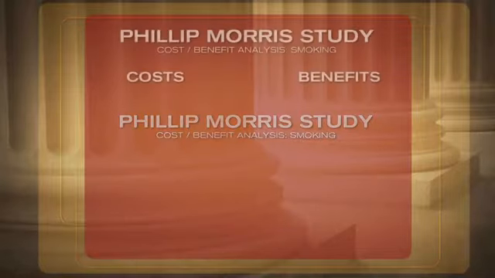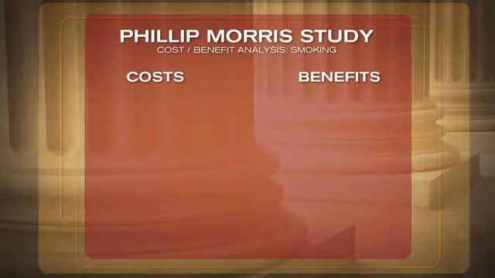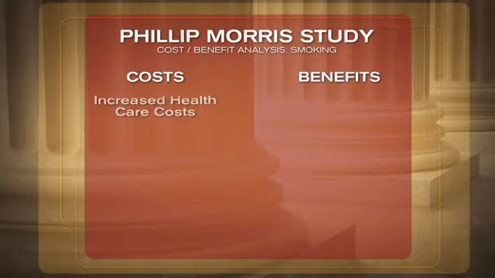Now, how do they gain? It's true that there are negative effects to the public finance of the Czech government because there are increased healthcare costs for people who develop smoking-related diseases. On the other hand, there were positive effects, and those were added up on the other side of the ledger.